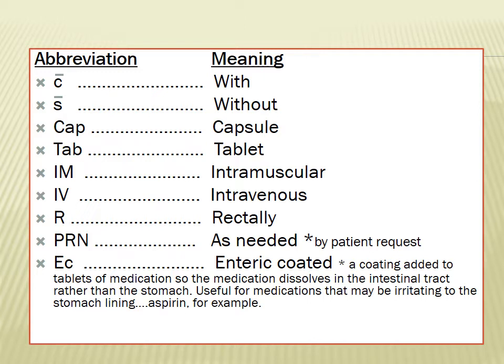But if the patient would benefit from aspirin and we enteric coated that aspirin, the aspirin would dissolve in the intestinal tract, not in the stomach. The patient would then gain benefit from the aspirin without it being uncomfortable for the patient by the irritation it could potentially cause to the stomach lining.